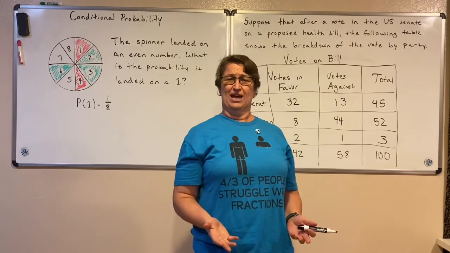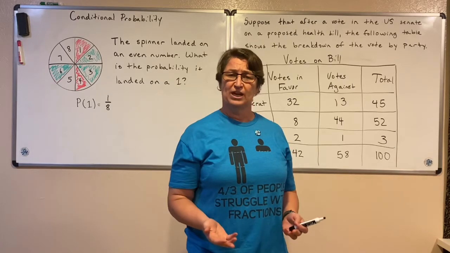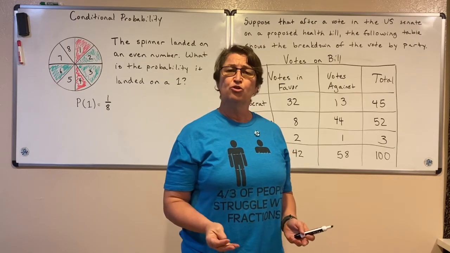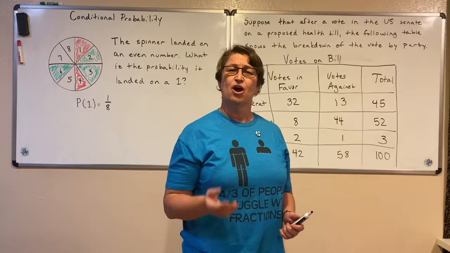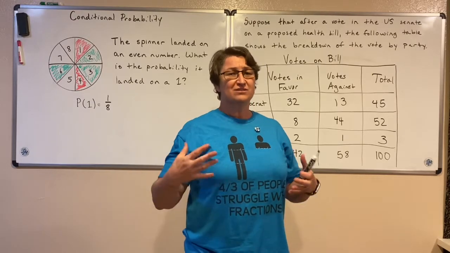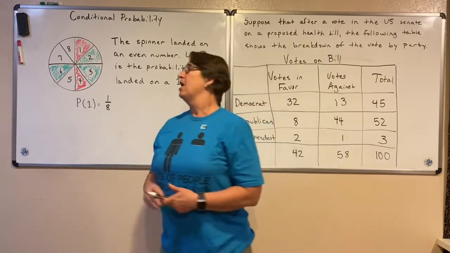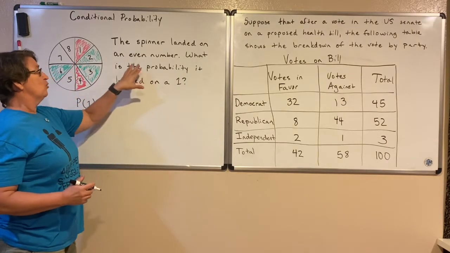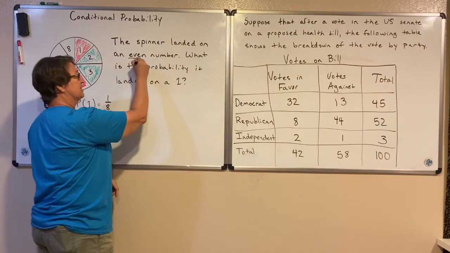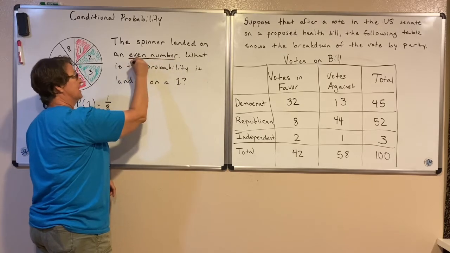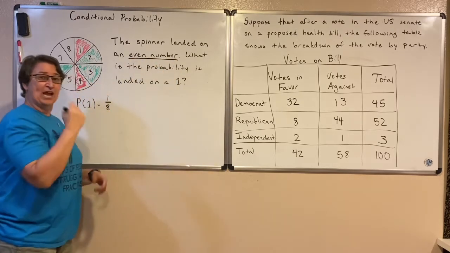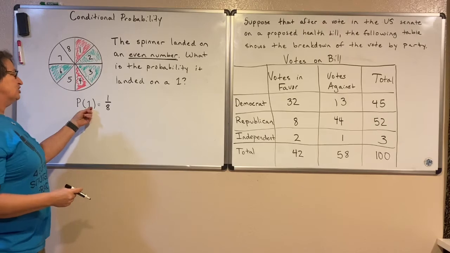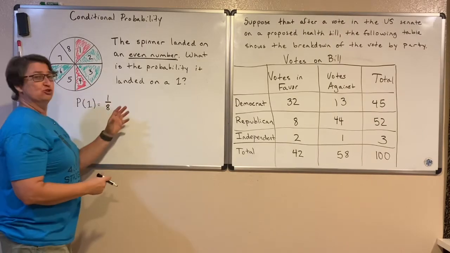Well, it can't have landed on a 1 if you know that it landed on an even number. So the probability that it landed on 1 was 0. So that is called conditional probability. We now have this condition that it landed first on an even number, and it changed our probability. It changed it from 1/8 to 0.